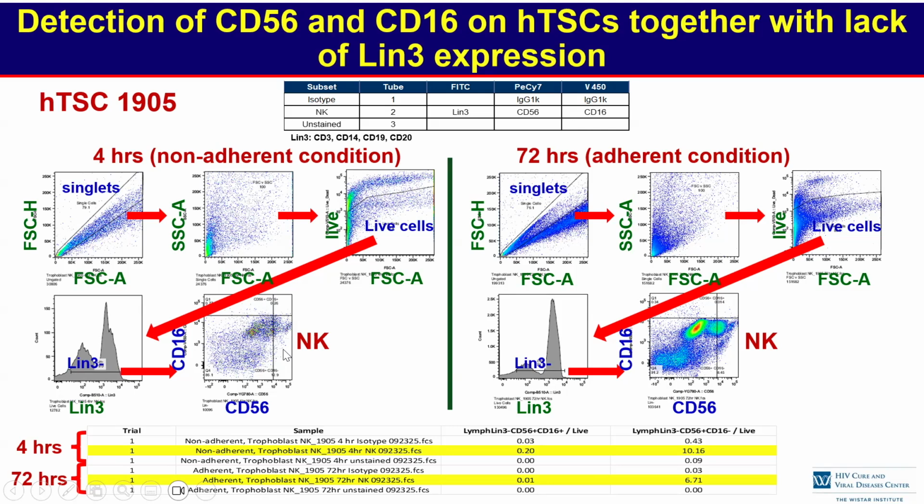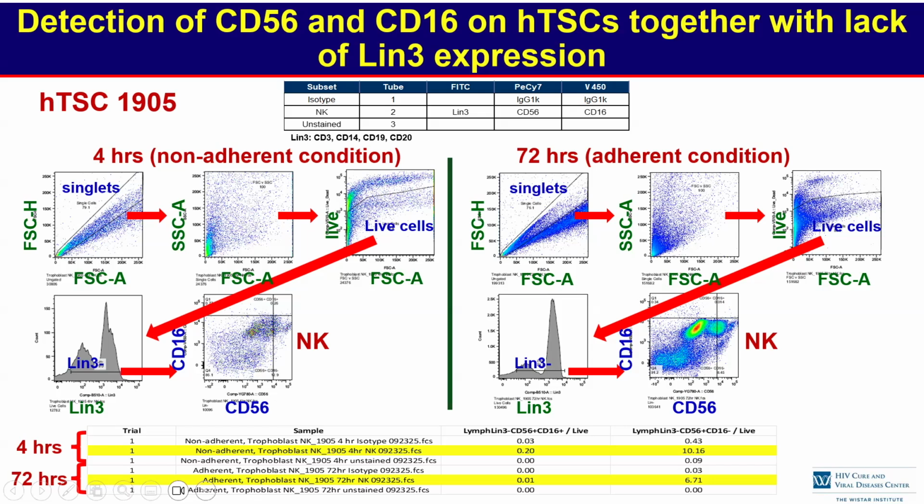Regarding CD56 and CD16, it seems that we have CD56 positive, CD16 negative cells, and also a little bit of CD16 positive cells. This is shown also here. Forgive me, but I cannot see the bottom part of my presentation, so I cannot read exactly what the numbers are.